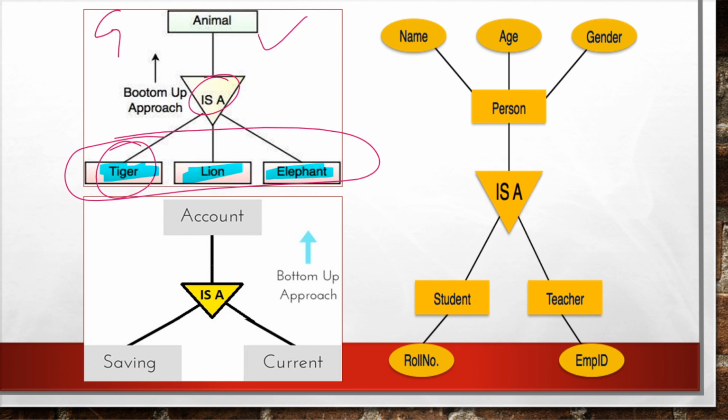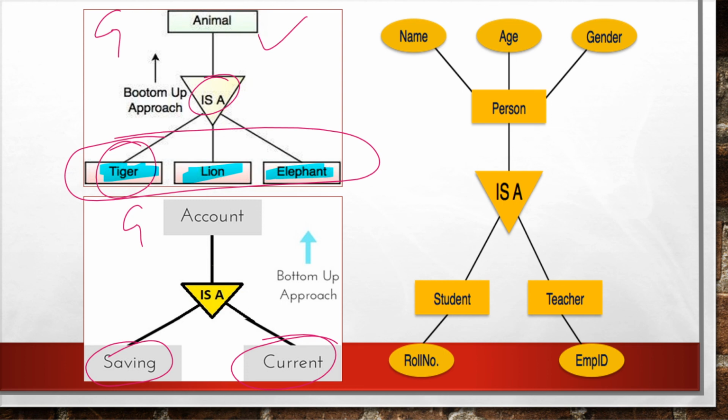In the same way, in a bank, every customer is having an account. So an account is representing the general concept. Every account must possess certain features, certain properties, and we can specialize the account into the saving account or the current account. Now the saving account must have different properties and the current account must have some different properties.